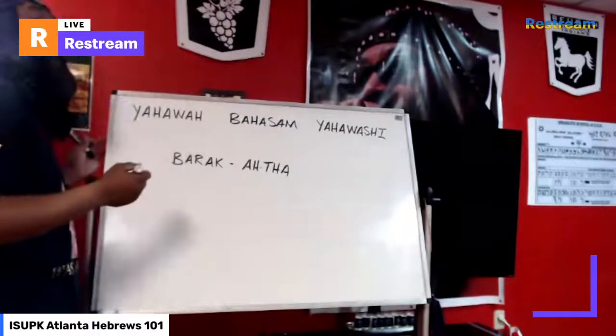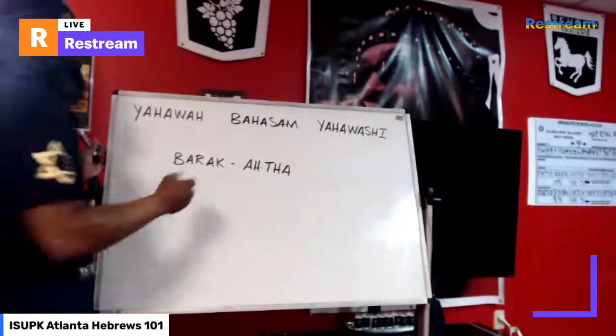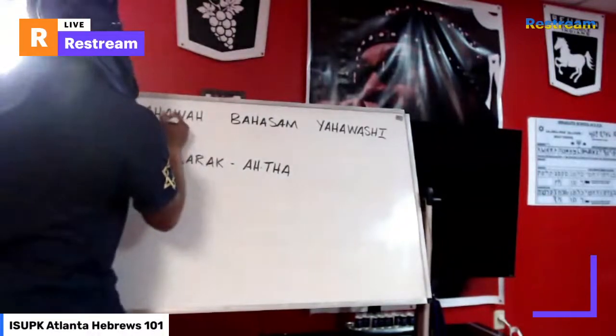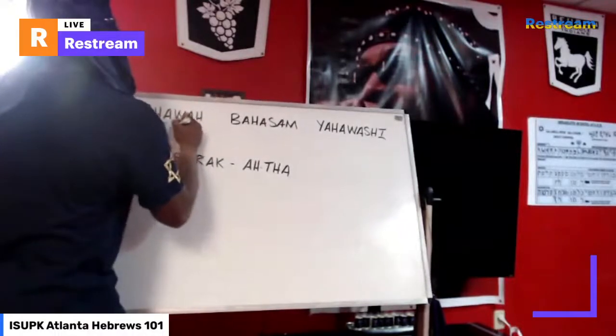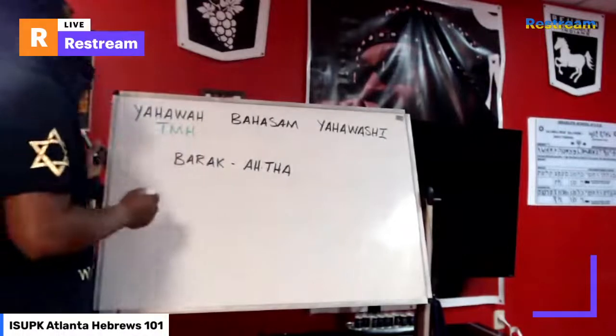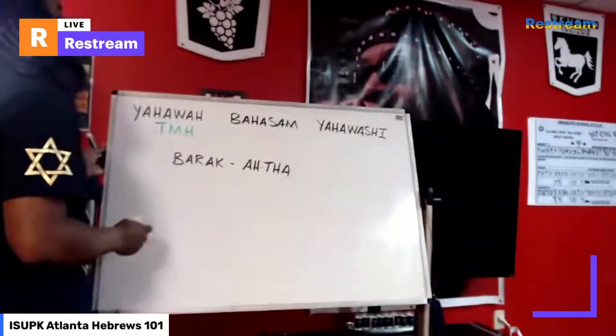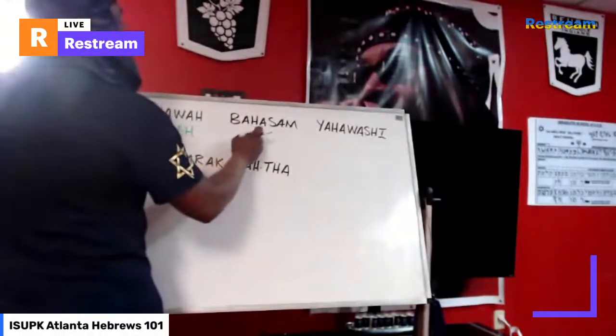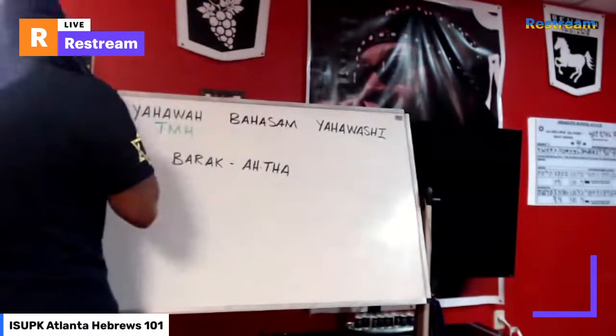All right. So now, of course, we know Yahweh to be what? The Most High. Very good. First the acronym TMH. Cool. Yahweh. Now here we have, I wrote this wrong, Salakia.